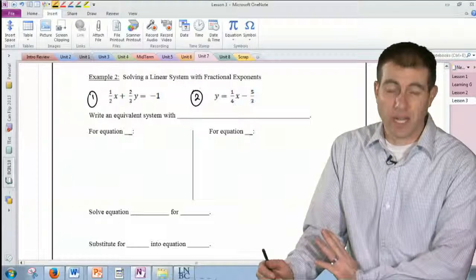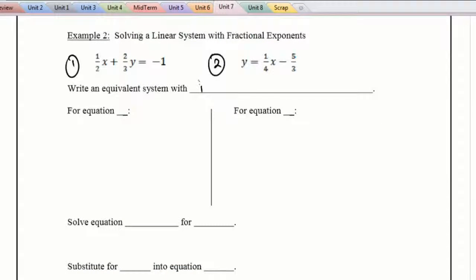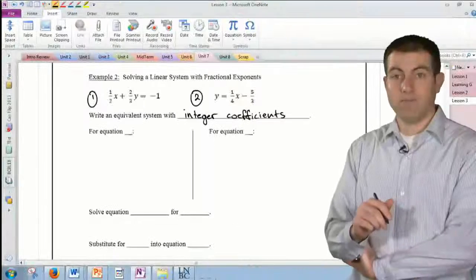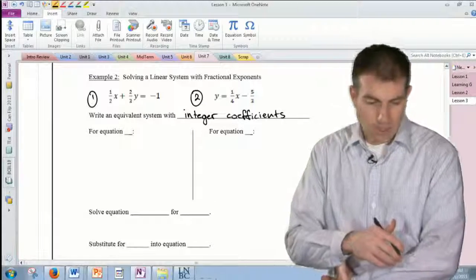I don't like dealing with fractions. Generally speaking, students don't. So if we can write the system with integer coefficients, then we don't need to worry about fractions, which is kind of good.